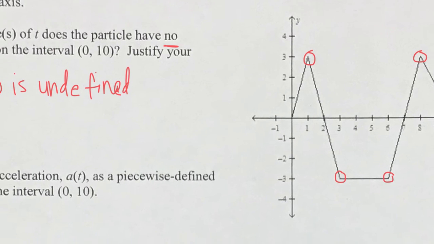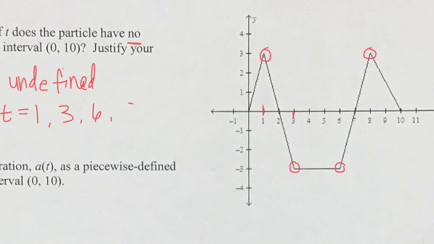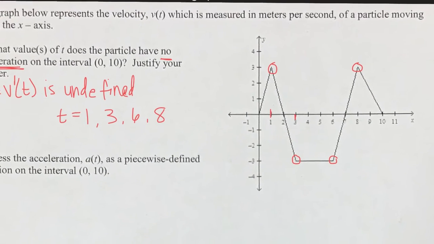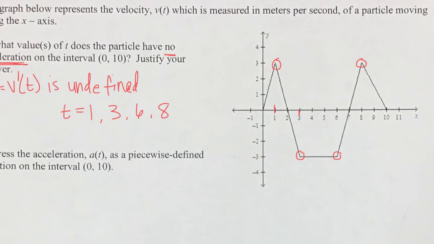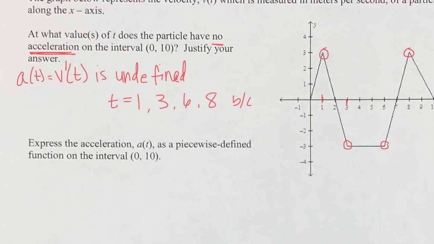So at these points, here's your t value: t equals 1. And then again at 3, there's another cusp. And again at 6, there's another cusp. And again at 8. So these are the 4 places, because your graph has a cusp where your function is not differentiable.